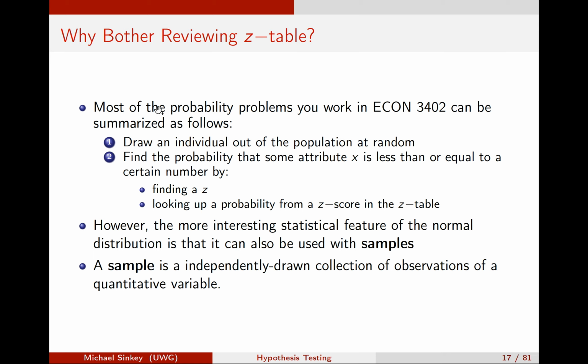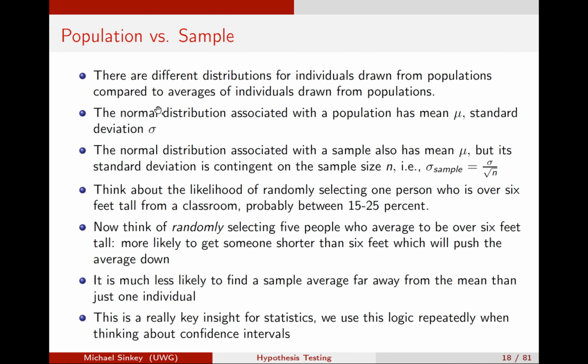And samples are independently drawn collections of observations of a quantitative variable. Where this really comes into play in Econ 3402 and Econ 3406 is differences between the population and the samples, and differences between probabilities associated with drawing one person out of a population compared to drawing a sample of size n out of a population.